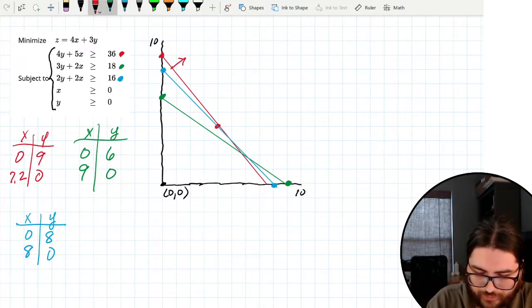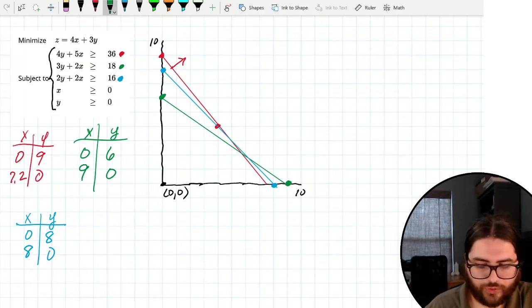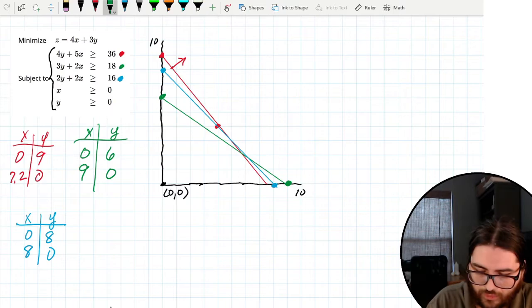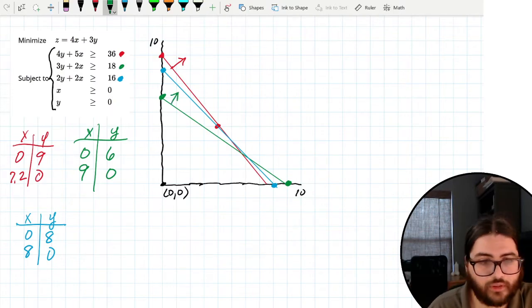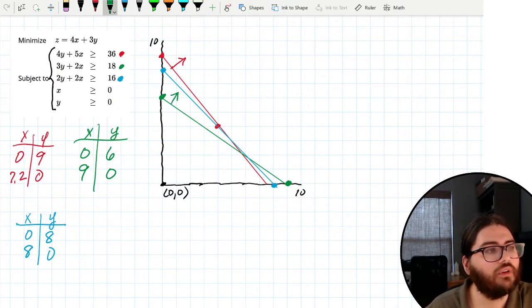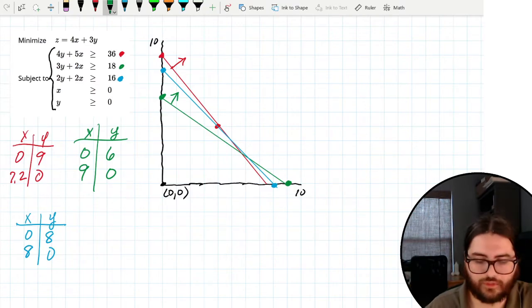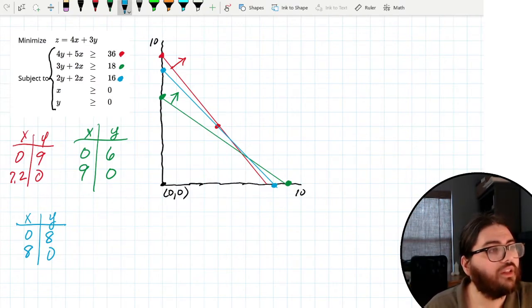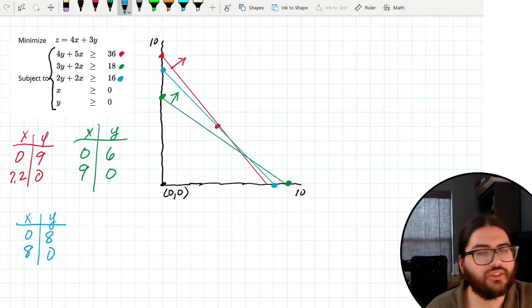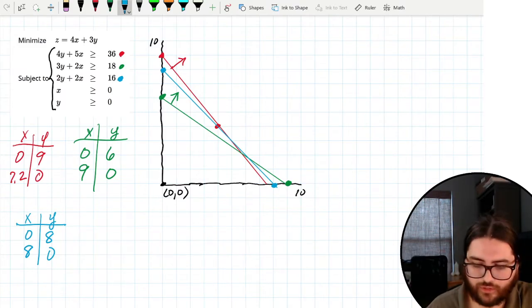For the second line, 3 times 0 plus 2 times 0 is not greater than 18. Shade away from the origin. Third line, 2 times 0 plus 2 times 0 is not greater than 16.